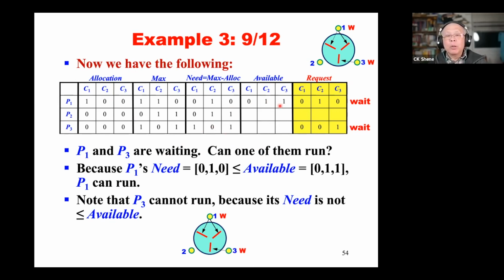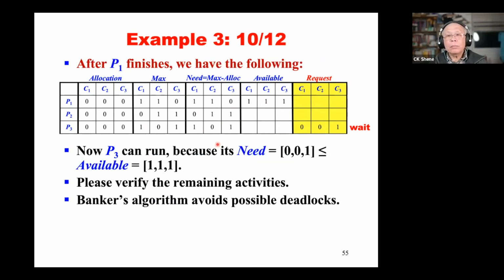Therefore, P3 must wait until P1 finishes. As we said earlier, after P1 finishes, the system available becomes 1, 1, 1, which of course can satisfy P3's need 1, 0, 1. Therefore, Banker's algorithm avoids possible deadlocks. The circular waiting pattern we just discussed is eliminated by Banker's algorithm.